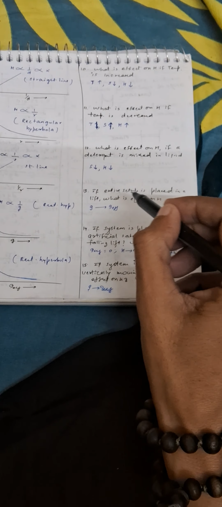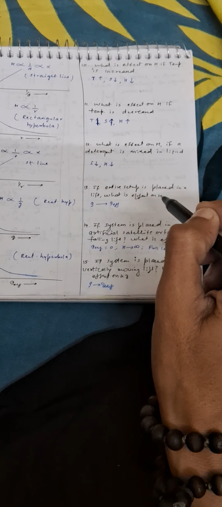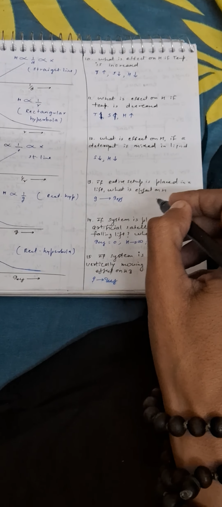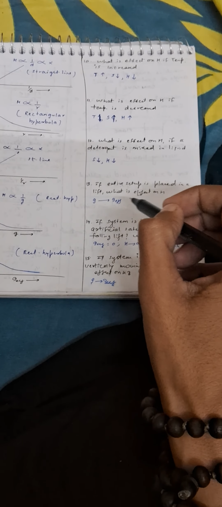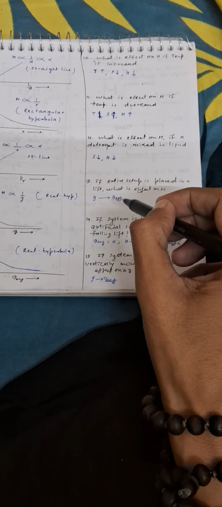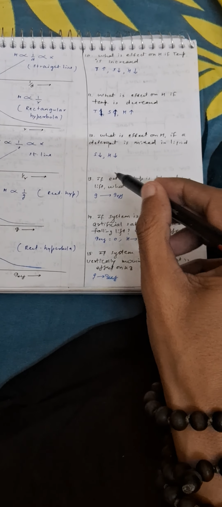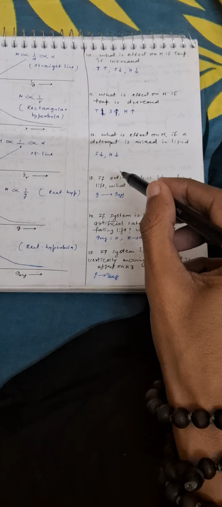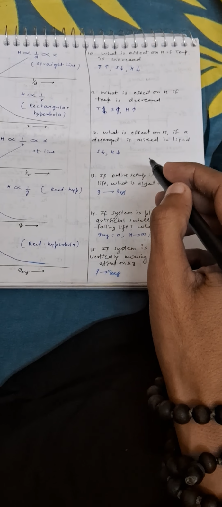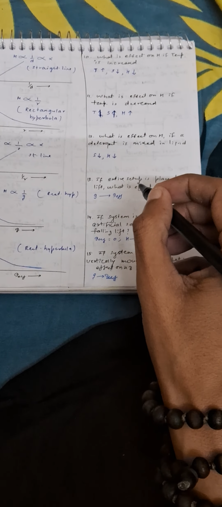Next, if the entire setup is placed in a lift, what is the effect on h? In case of a lift, just replace g by g effective. There will be a certain change in the expression for height, and we have to replace g by g effective to solve the question.